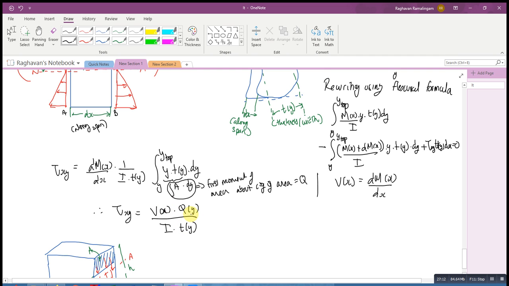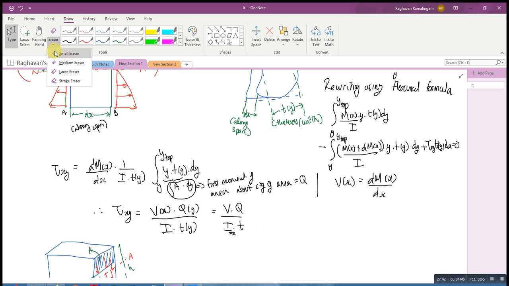Q of y will usually depend on the position along the depth. So we can just omit these indexes and say VQ by It, and this I should be Ixx if you're doing vertical shear forces, and Iyy if you're doing the other shear forces. Anyway, to avoid confusion for now, let us just omit the subscript.